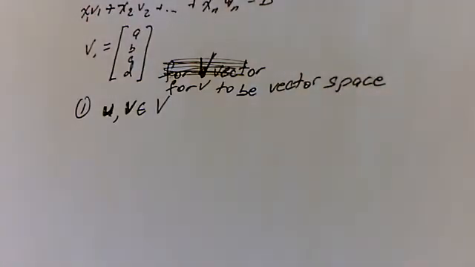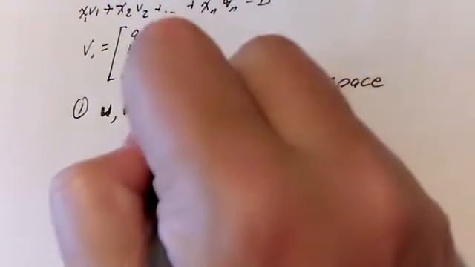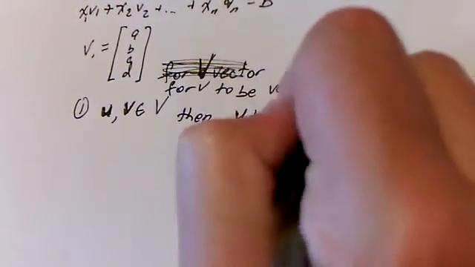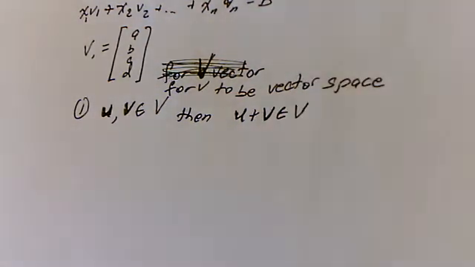I'm not going to bold them every time I write them here, but just to emphasize they're vectors. Then u plus v is in V, as expected. u plus v has to be in V.